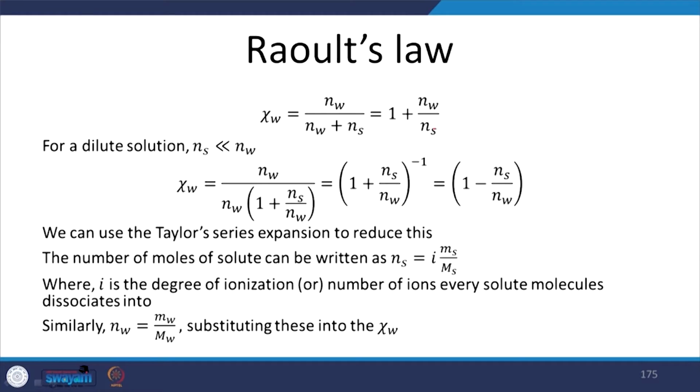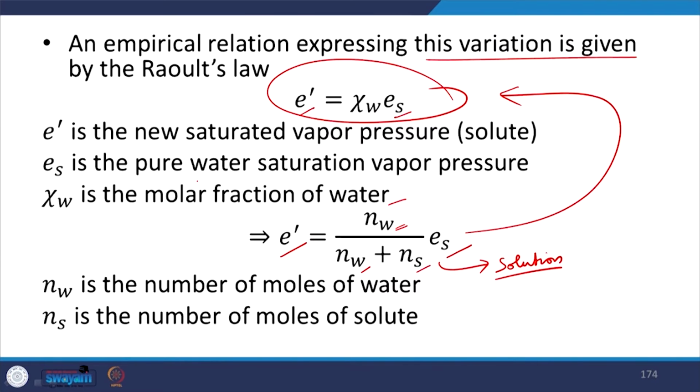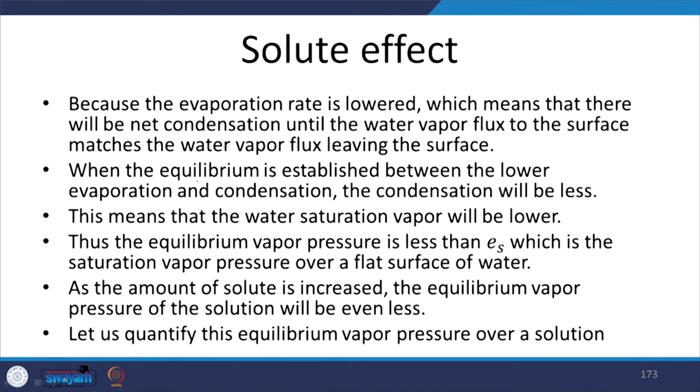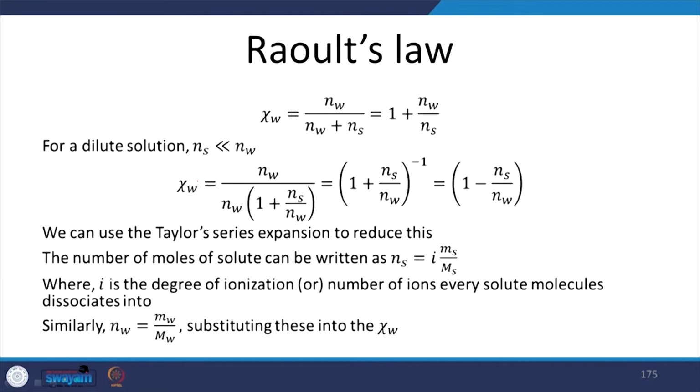So, you have added a little impurity into the solution, right. So, chi W, the molar fraction, can now be written as 1 minus NS by NW.